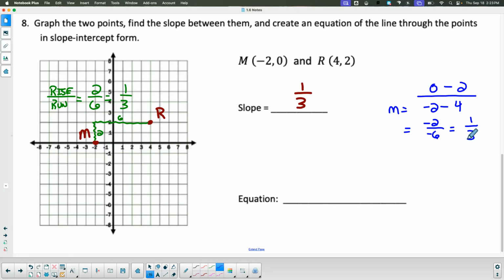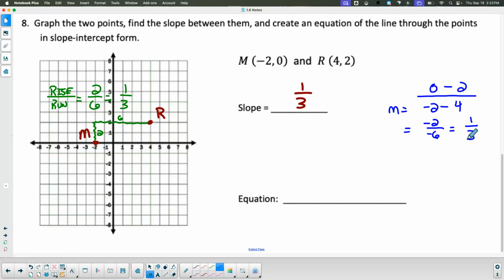Okay, two different ways to find the slope. What does the equation of the line that goes between those two points look like? Not what it is, what does it look like?